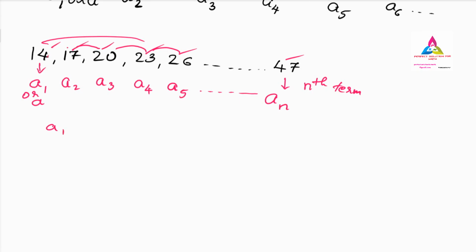So a1 is 14, a2 is 17, a3 is 20, and you can write the next ones also. Lastly, an is 47.